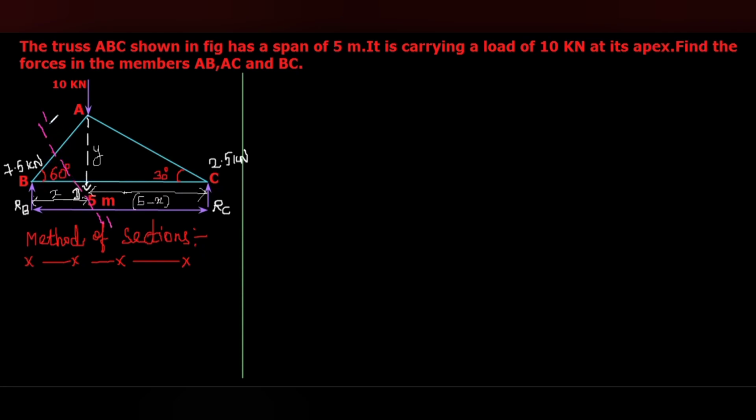And then this section line separates the entire truss into 2 portions, the left portion to the section line or the right portion to the section line. Here I am going to take the left side portion to the section line 1-1.